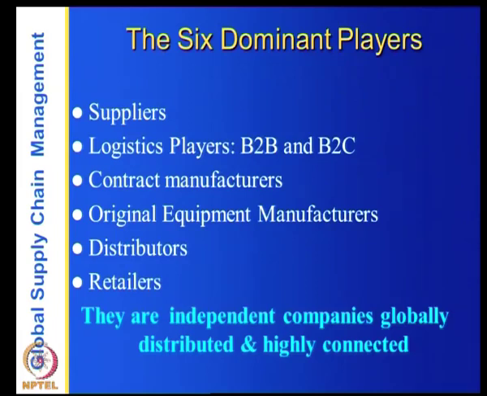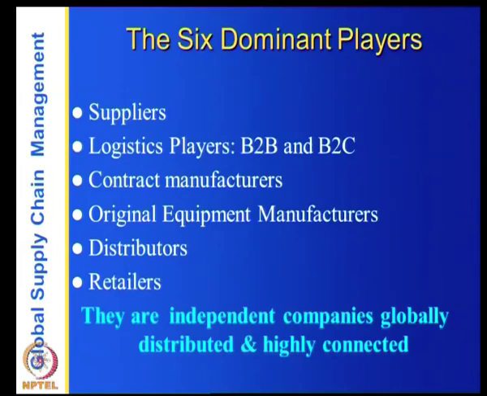The original equipment manufacturers are the ones who supply the designs, they select the suppliers, they schedule the entire delivery of the particular product end to end, and they are the brand. If there is any problem, they are the ones who get the bad name. And finally, there are distributors and the retailers.